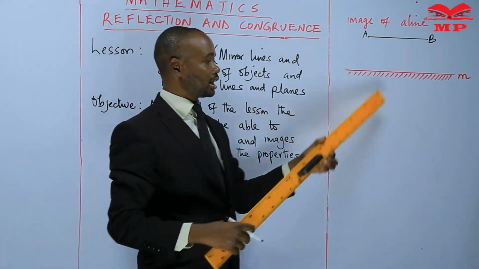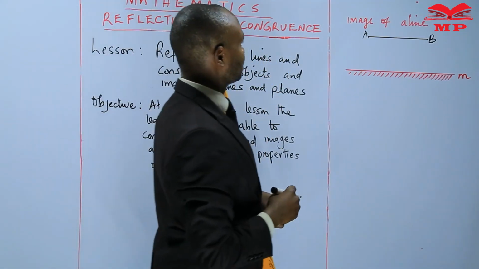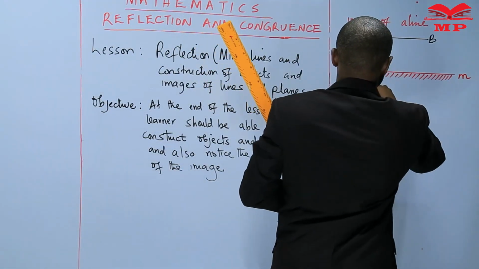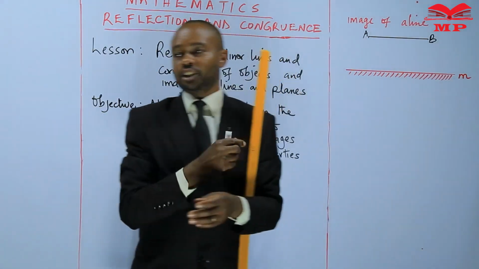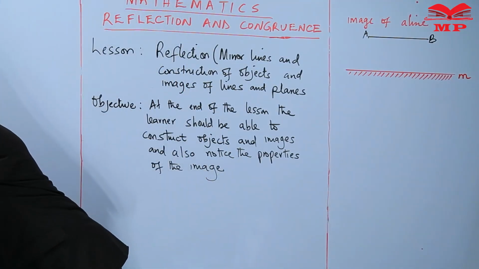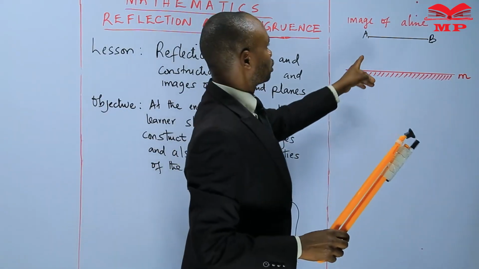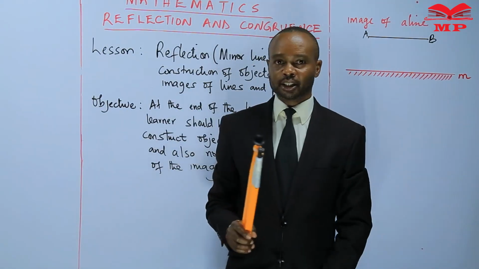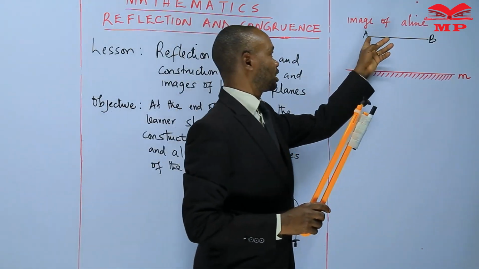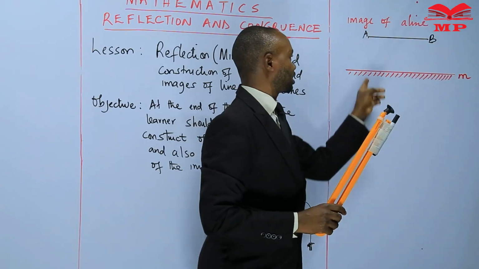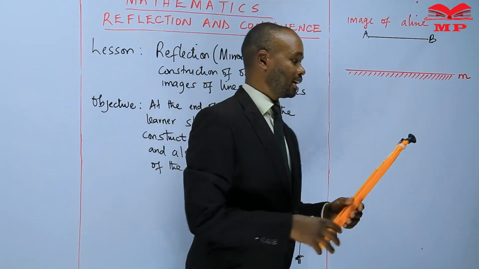I want to get an image there. Once you have this, this will be the mirror line. What you do in such a case, you take your pair of compass, and notice that in reflection, we always use the shortest distance to the mirror, which will be the perpendicular distance from the endpoint. You'll use the endpoints and get the perpendicular distance to the mirror.